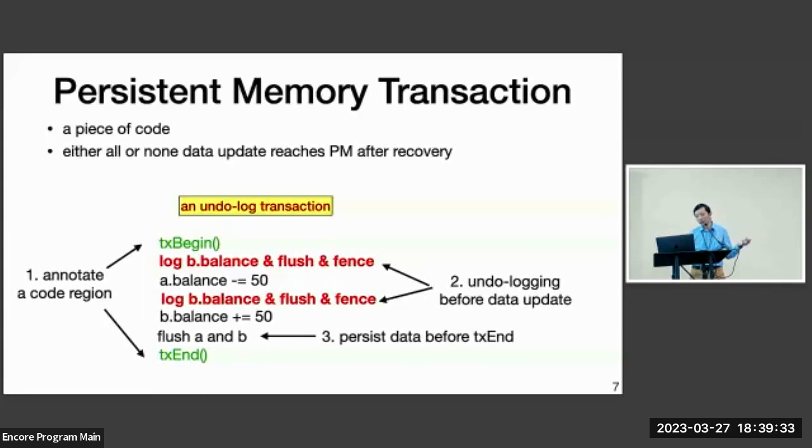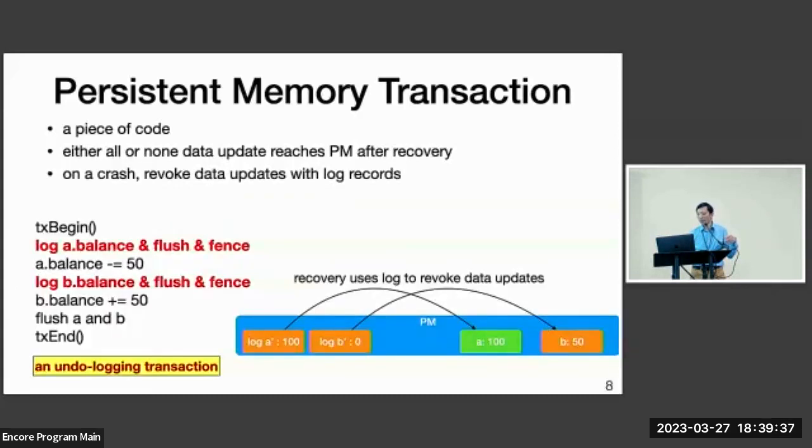And there is also a flush at the end of the transaction. If you have a crash in the middle of the transaction, because we already recorded the old values in the persistent memory, we can use those old values to recover the persistent memory into a consistent state. So essentially we roll back all of the updates.